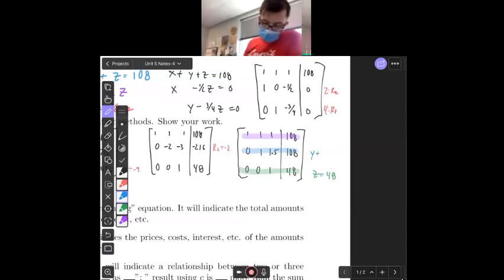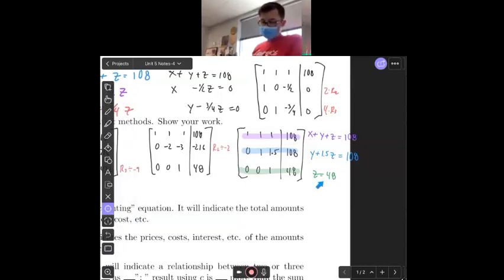Y plus 1.5z equals 108. And then x plus y plus z. Of course, z equals 48, right?